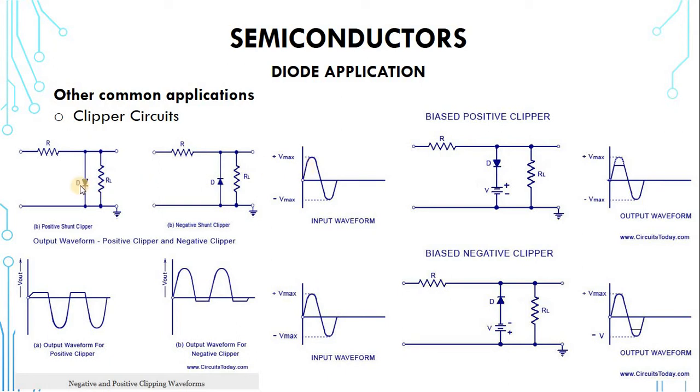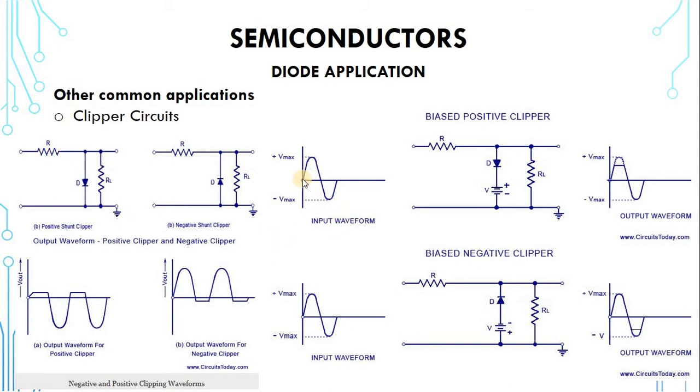Let's use 0.7 as a standard. When the voltage is rising from 0, since it is not above 0.7, the diode is not conducting, so all will go to the load.